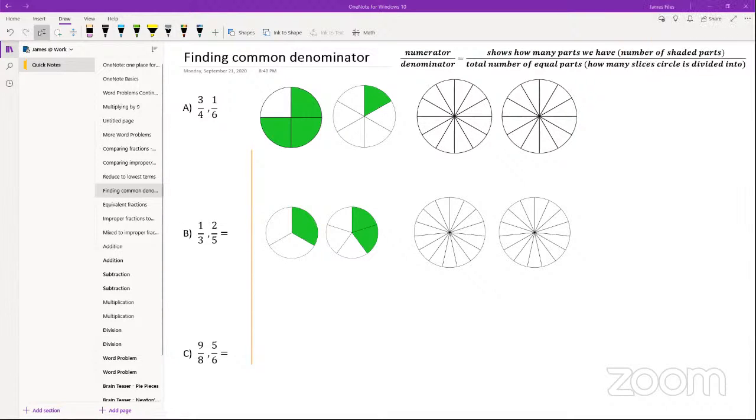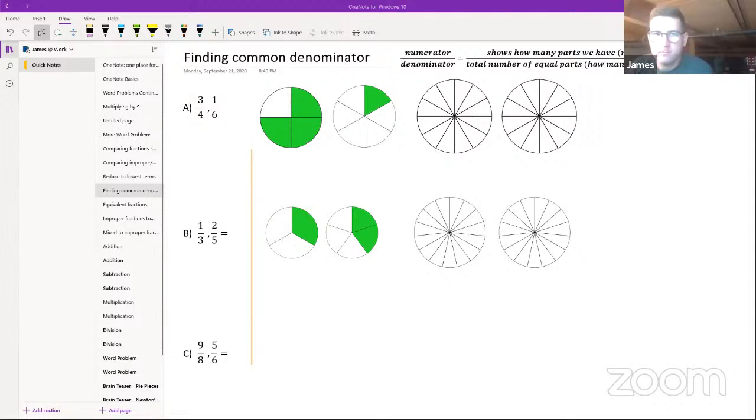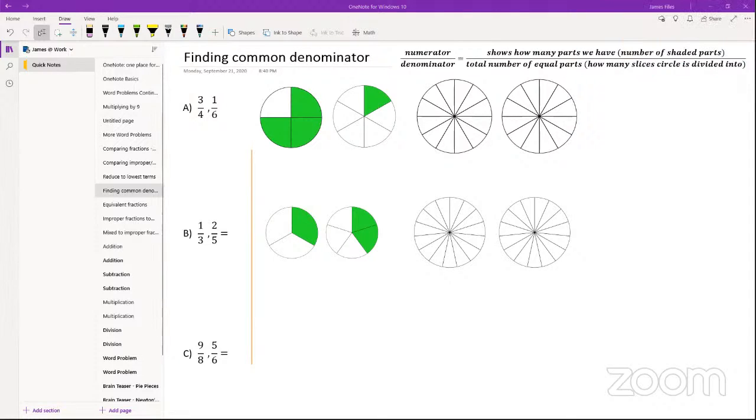I have a question. Okay, go ahead. On the pizza slice, you see the shaded green part? Yes. So the colored green part goes first.